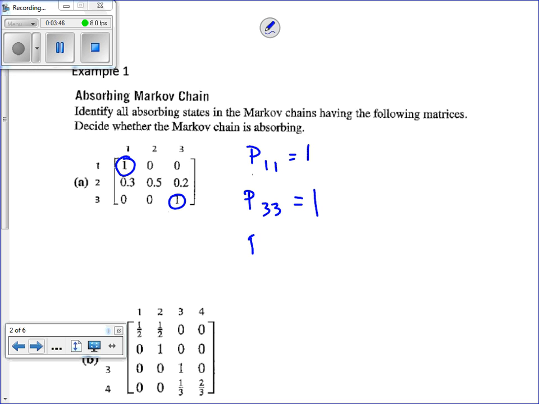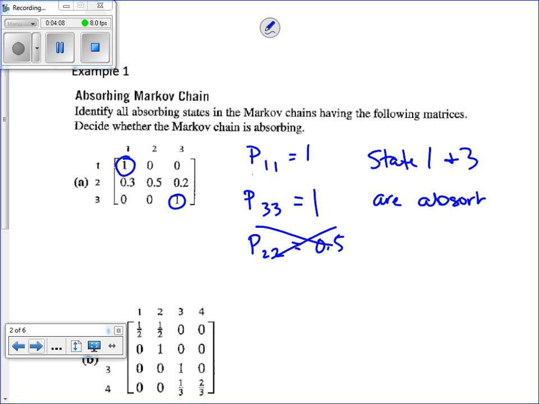Now if I look at 2 to 2, it has 0.5. So state 2 is not an absorbing state. So states 1 and 3 are absorbing. To decide whether it's an absorbing chain, I have to see whether I have a non-absorbing state that will go into the absorbing state.